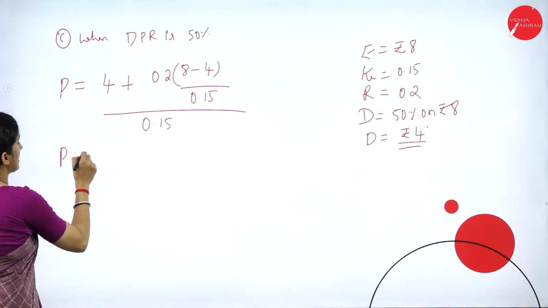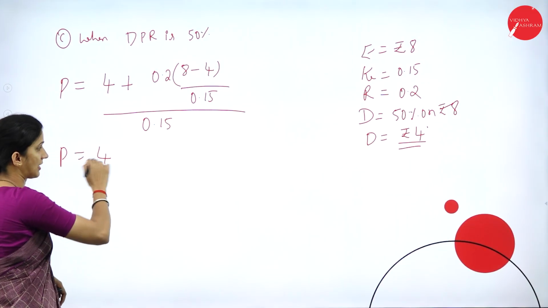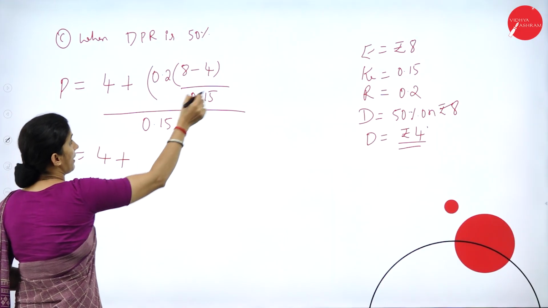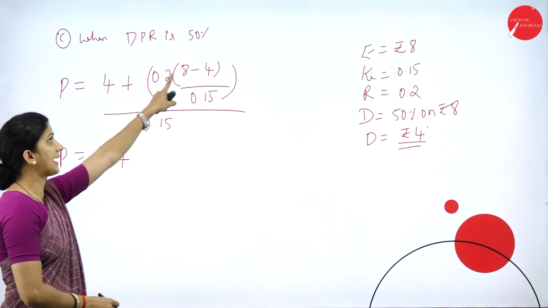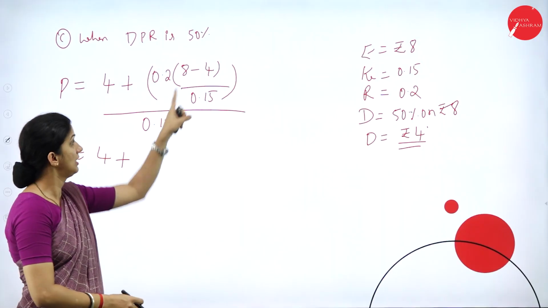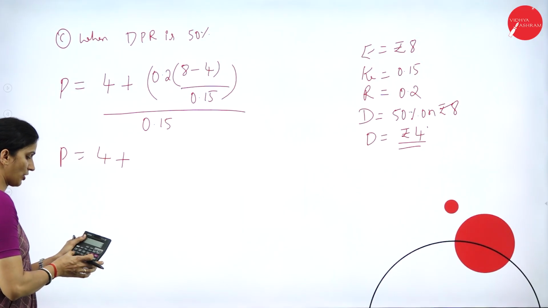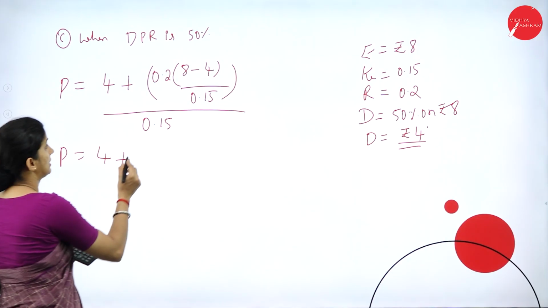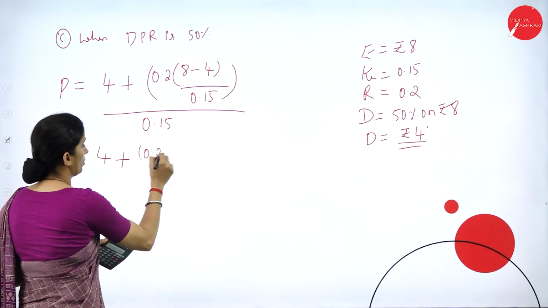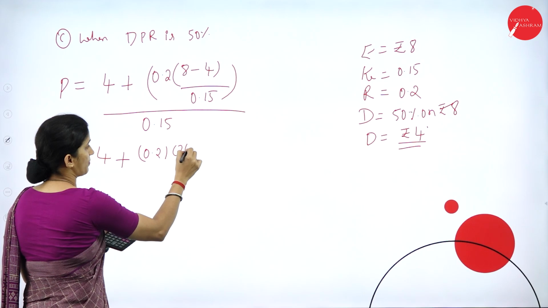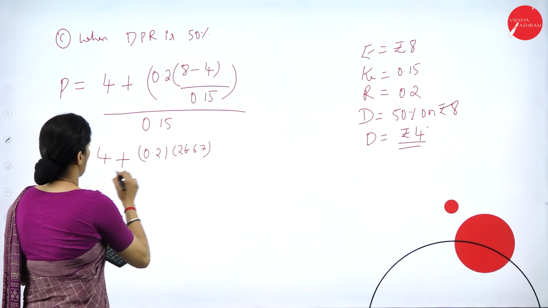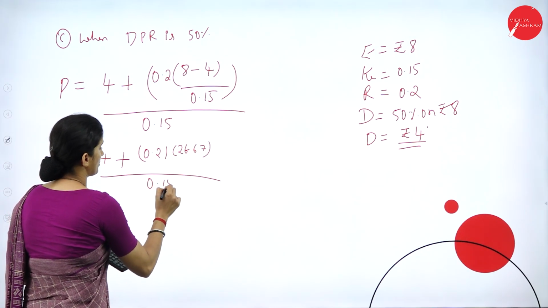So now P is equal to 4 as it is, that is D here. First we'll simplify this part, that is 8 minus 4, which is 4, divided by 0.15. So 4 divided by 0.15, we will get 26.67, so 0.2 into 26.67, whole thing divided by 0.15.